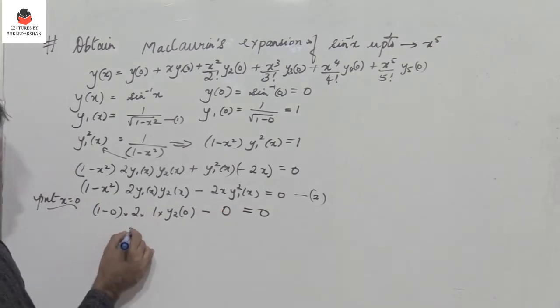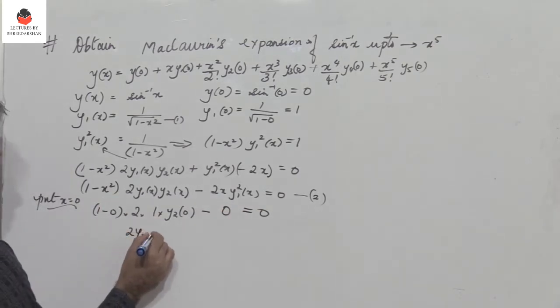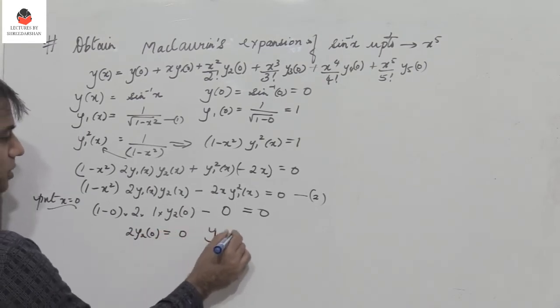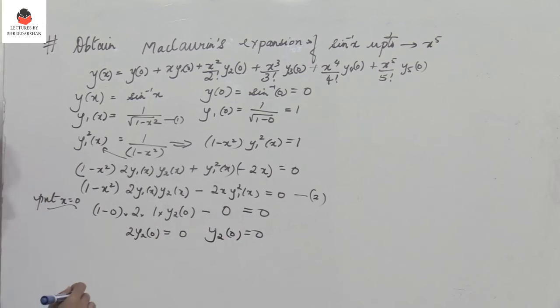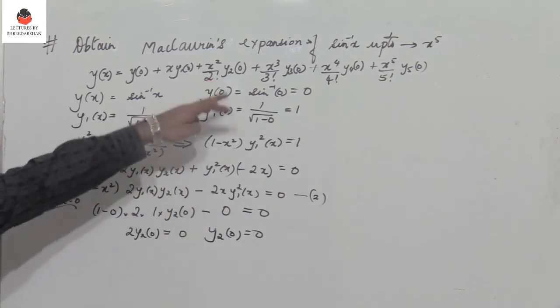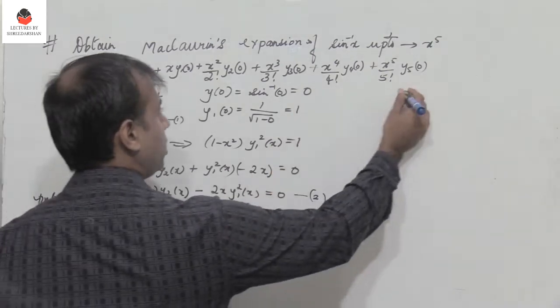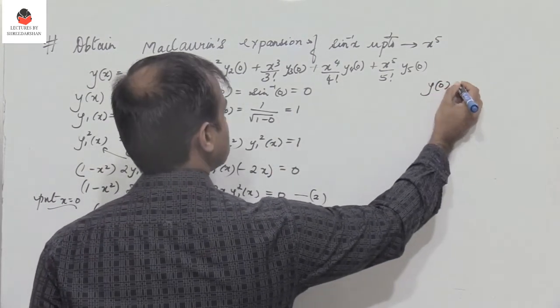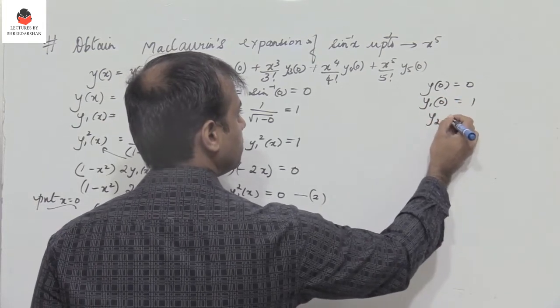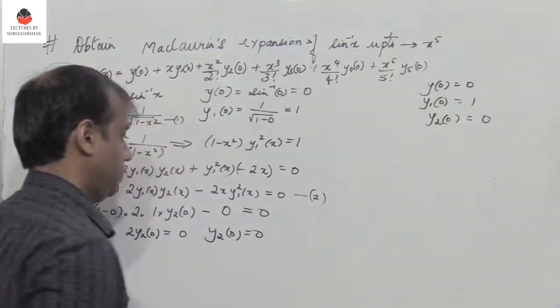So I have 2 y2 of 0 equals 0, or y2 of 0 is nothing but equal to 0, right? So therefore I've got the next value, y2 of 0, which is equal to 0. So let me write all the values here. Y of 0 is 0, y1 of 0 is 1, y2 of 0 is 0.